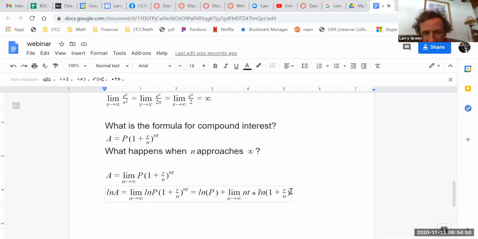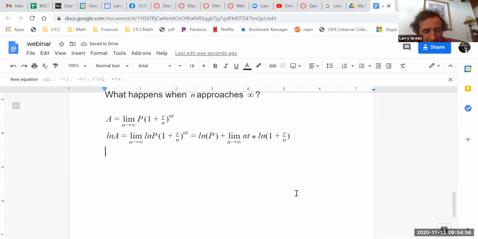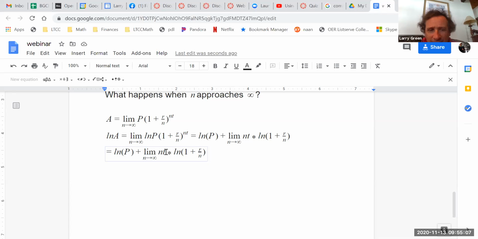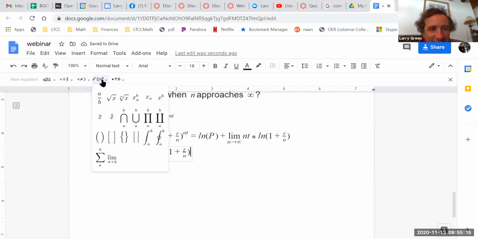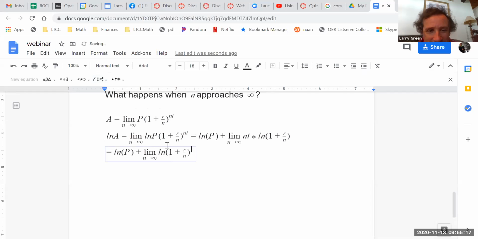So what I'm going to do is more work, more trickery. I'm going to take this nt and bring it down. I want to use L'Hopital's rule, because today's L'Hopital's rule day. So I am going to write it as a fraction.